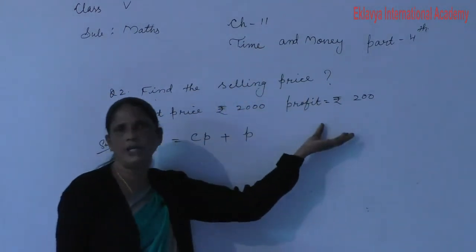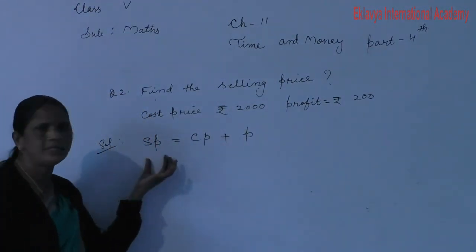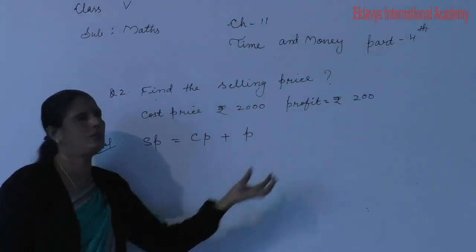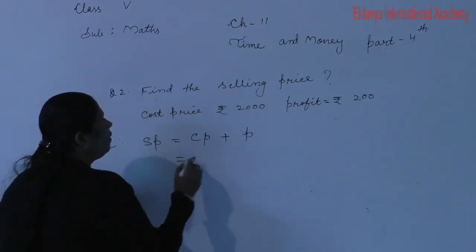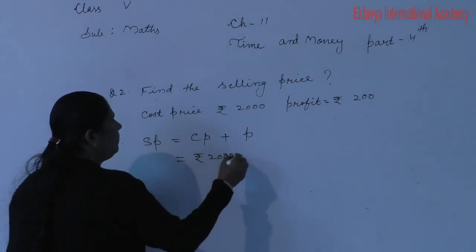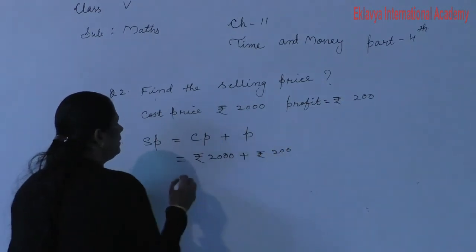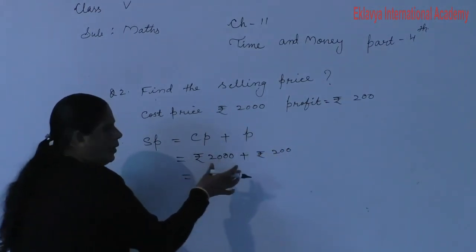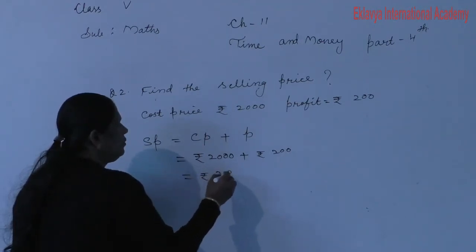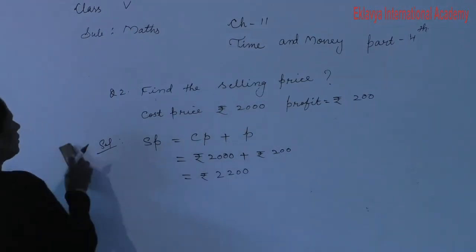Therefore, we put SP is equal to CP plus profit. Then rupees 2000 plus rupees 200. You add these two numbers and get rupees 2200. Understand? Then another question.